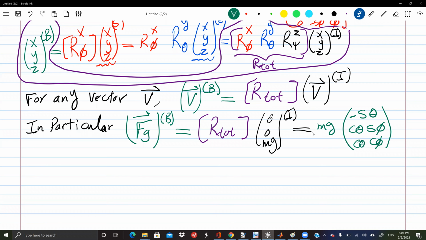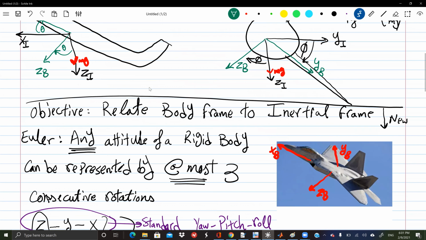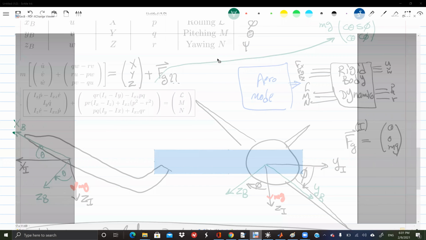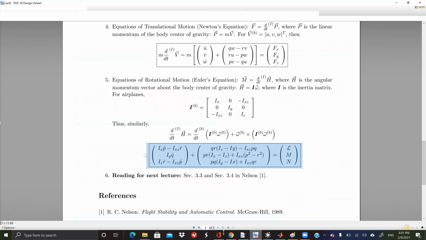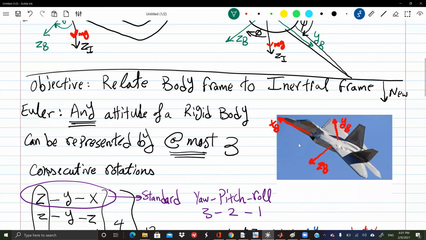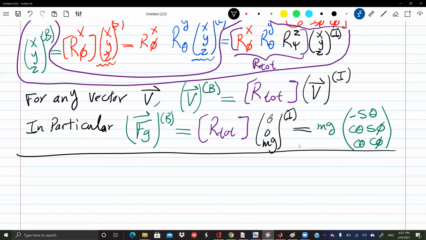All right. So what do we have now? We have equations of motion. Let's copy this. Let's copy this again. So we're done with this, and this is our first derivation that you have to know by heart.